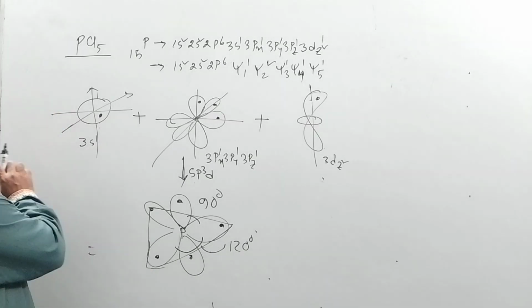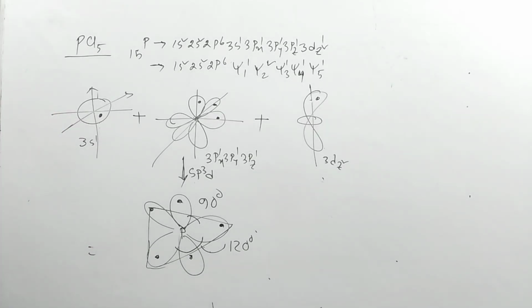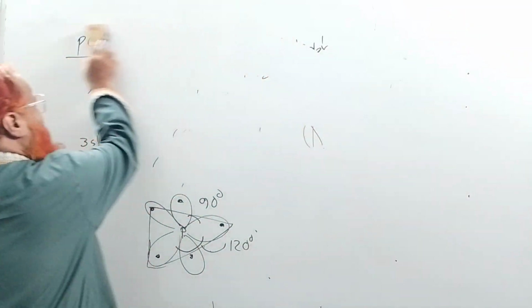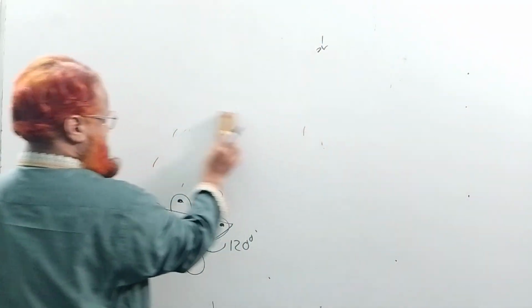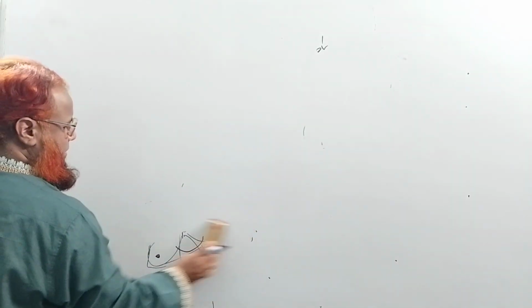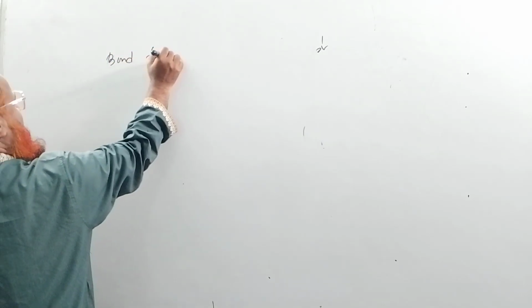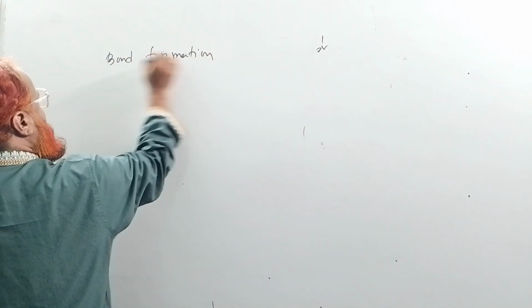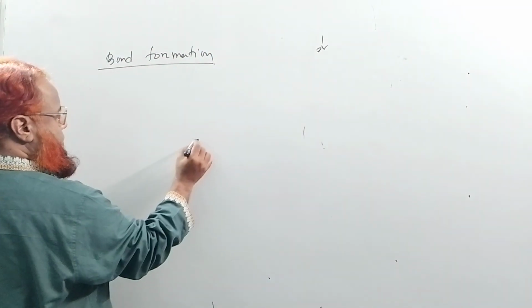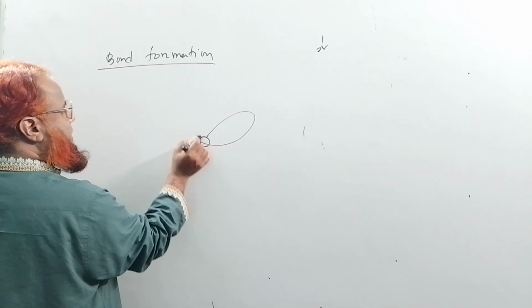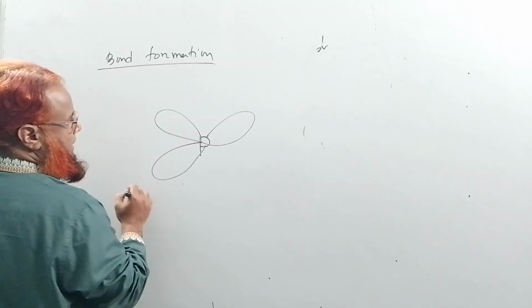I think you can understand this. Now the bond formation. So phosphorus 1, 2 and what? 3.